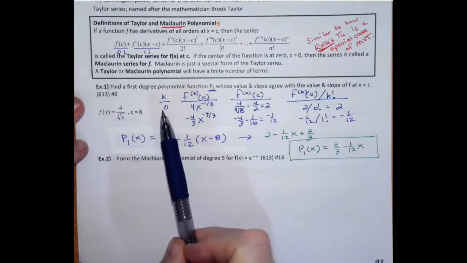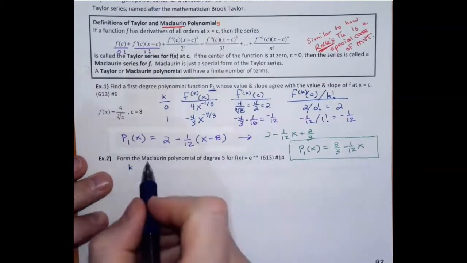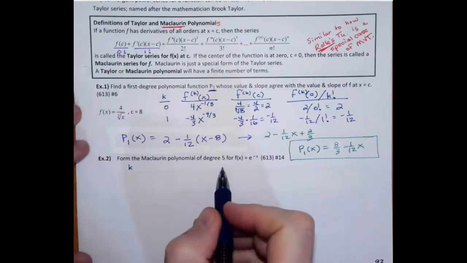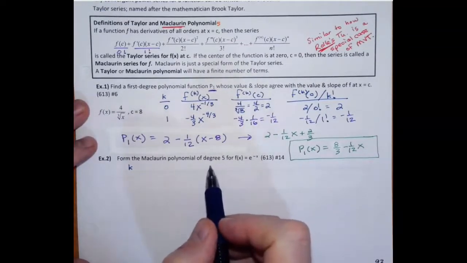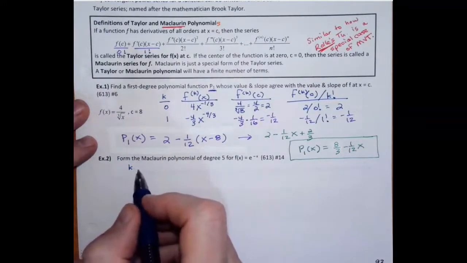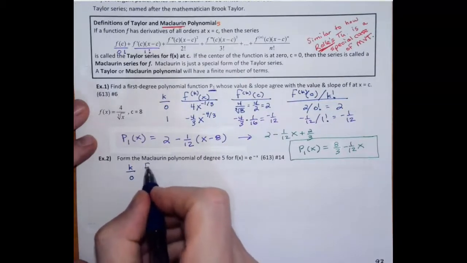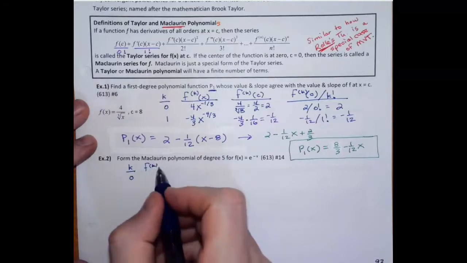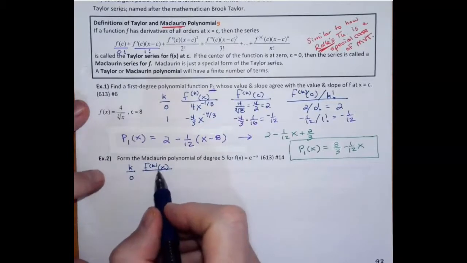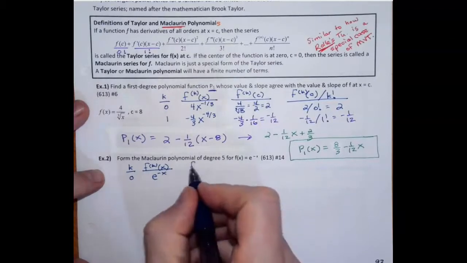So this part right here, you could do that a little bit differently, possibly if you wanted to, but I'm just going to do this one the same way. So this time it's asked for Maclaurin, so that means the center is going to be 0, so it's going to just be x in here, so that's okay. So degree 5, though, that means we got to do quite a few of them. So we're going to go 0, and then we have f of x, and so that's going to be just the function, which is e to the negative x.